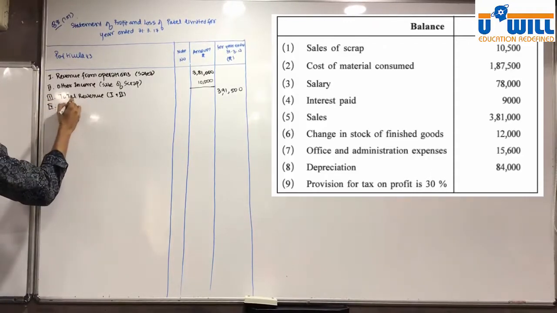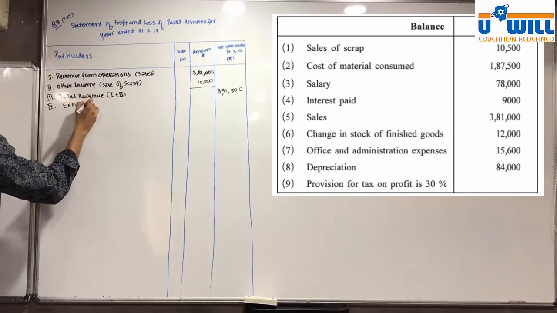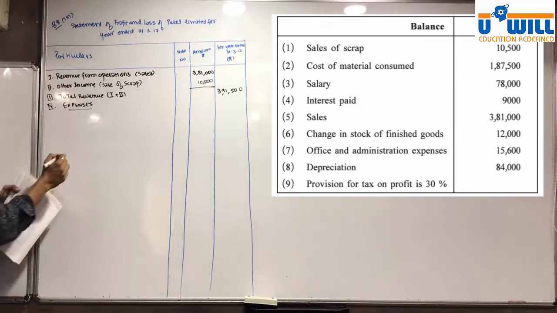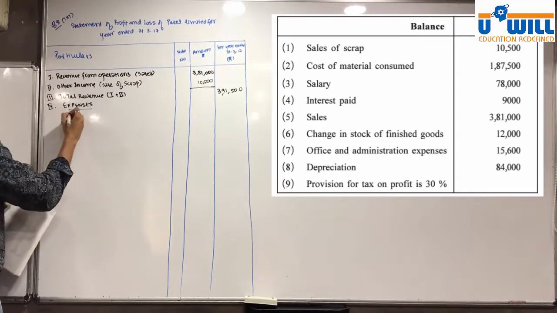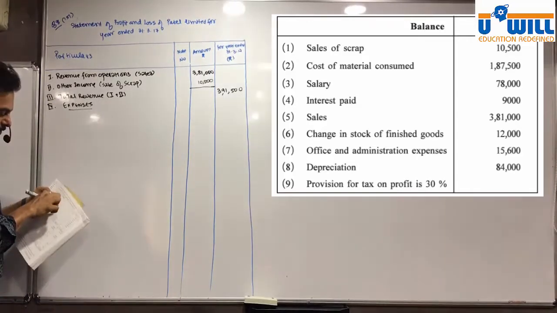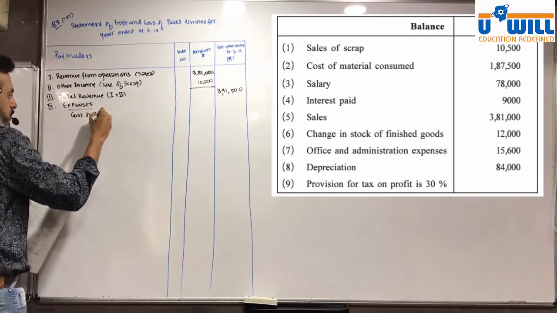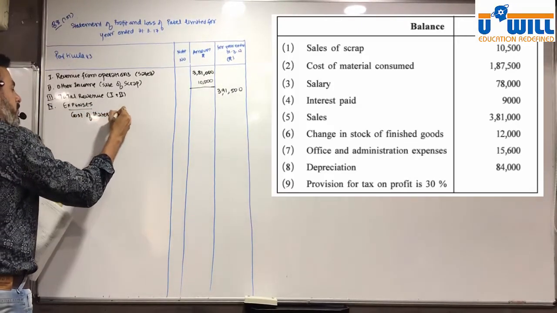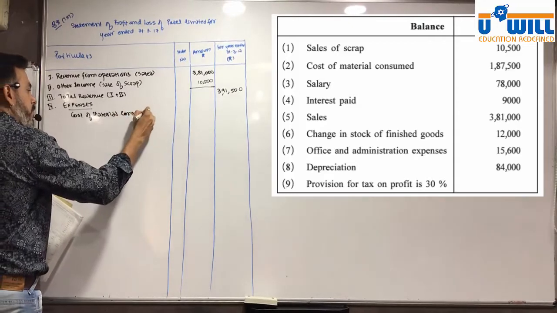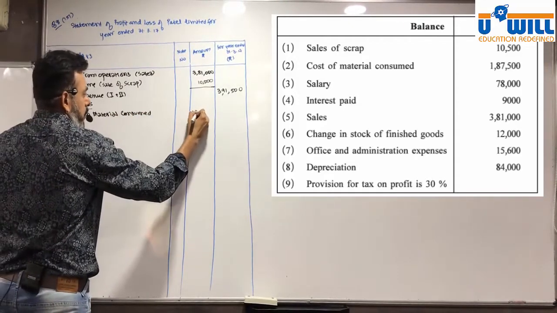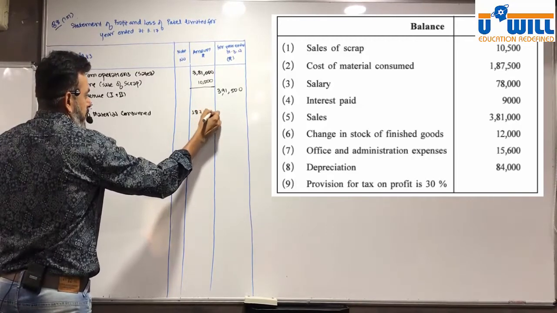Then fourth, expenses. Now the first expense is purchase, but over here we don't have purchase, we have cost of material consumed. Inner column 1,87,500.